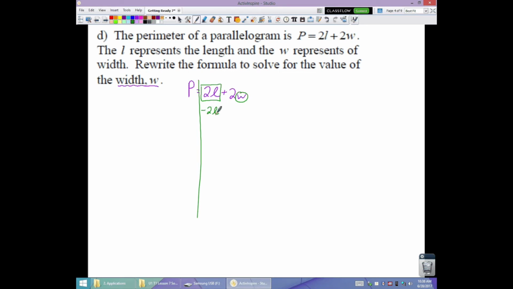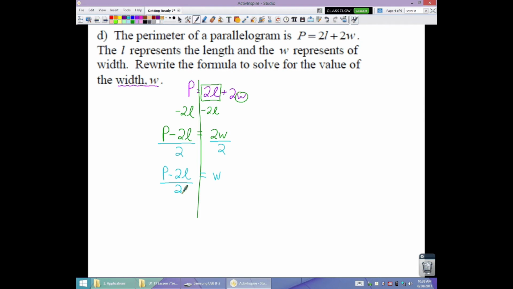I'll subtract 2L on both sides. On the left, it remains P minus 2L. On the right, I have just 2W. To now get rid of the multiplication by 2, I will divide both sides by 2. So I'm left with W equals P minus 2L over 2.